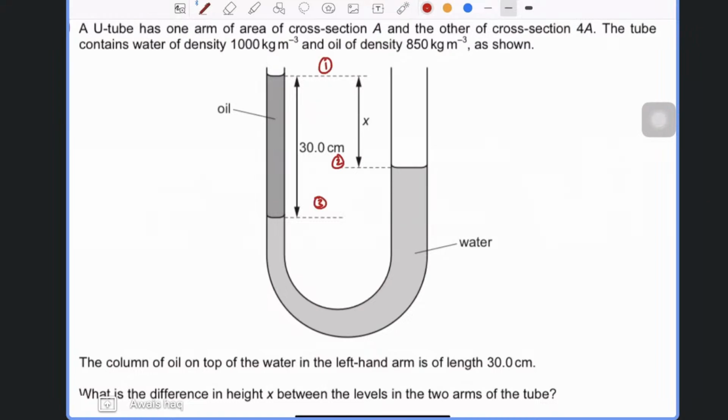Which line should I cut it from? 3. If I cut it from 1, what would it give me? There's nothing on this side, just atmospheric pressure. You would always want to cut it from 3, because this is the point where two fluids are meeting.